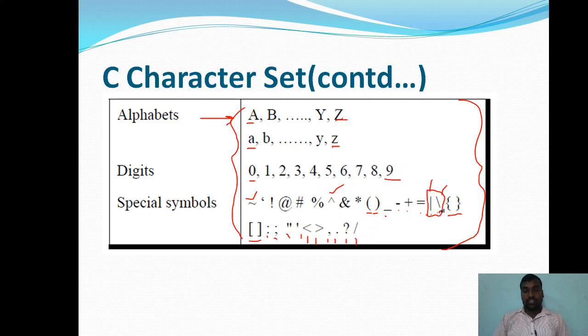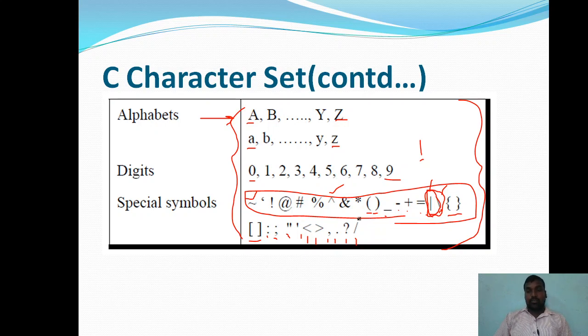Here this is the backward slash and this is the pipe symbol. All these symbols are available above the number keys, so you can get those symbols by pressing the numbers along with the shift key on the keyboard.